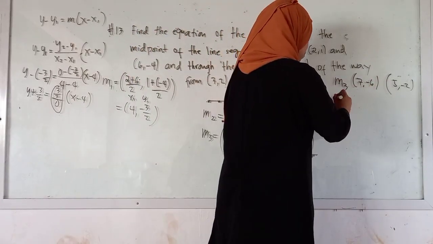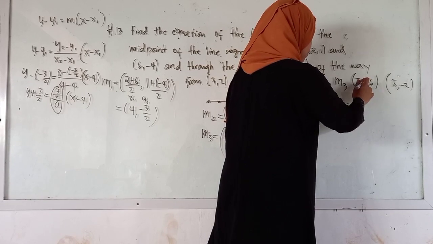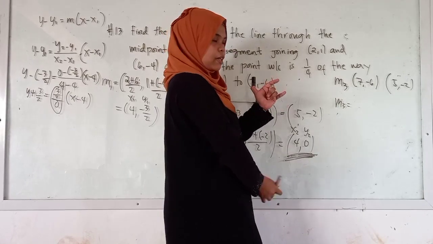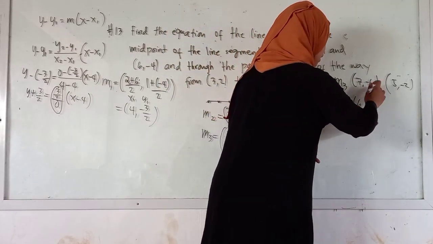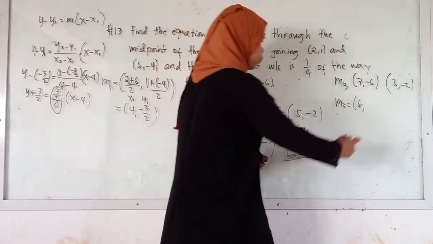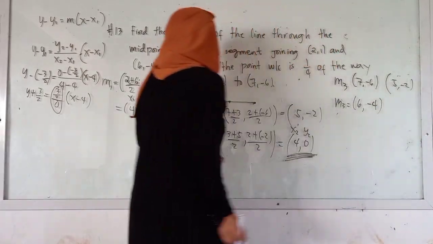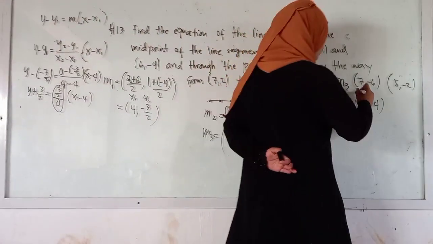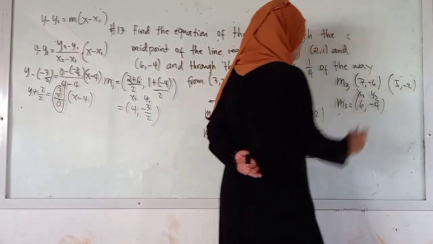So in finding the midpoint of these two coordinates, I have 7 plus 5, that is 12, divided by 2, that is 6. Negative 6 plus negative 2, that is negative 8 over 2, that is negative 4. So now, yan yung titry natin. Ibig sabihin, ito na yung magiging x sub 2 natin at saka y sub 2.